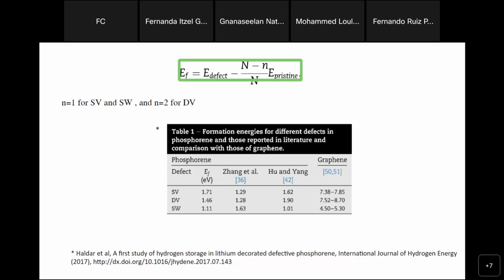As we can see from these tables, the formation energies for all defects are very low compared to the formation energy in defective graphene. Please, next slide.